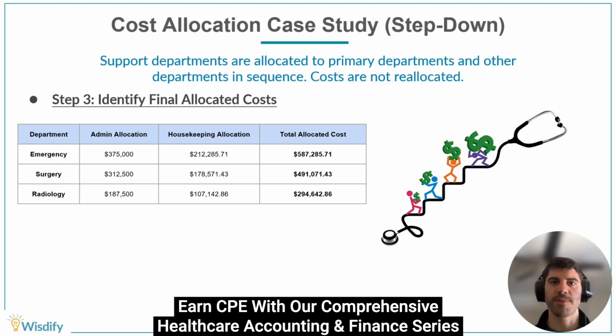So under the step-down method, we allocated around $587K to the emergency department, about $491,000 to surgery, and about $295,000 to radiology. So certainly a bit more involved than the direct allocation method, but again, we've got a higher degree of accuracy when we use the step-down method.